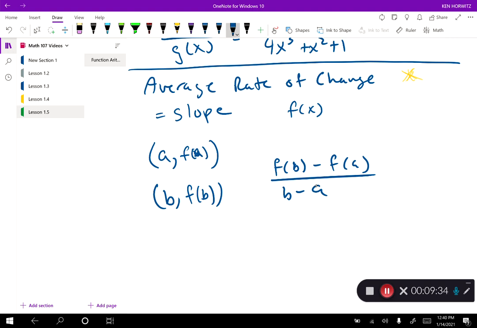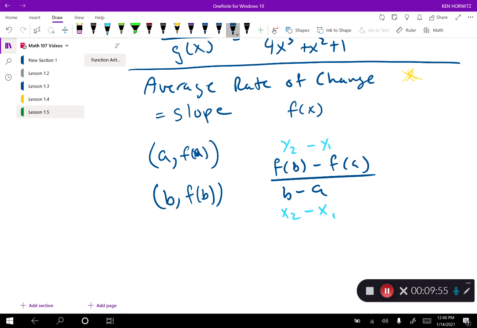And again, this is the slope formula that you're used to, y2 minus y1 over x2 minus x1. It's the same formula, just slightly different notation.